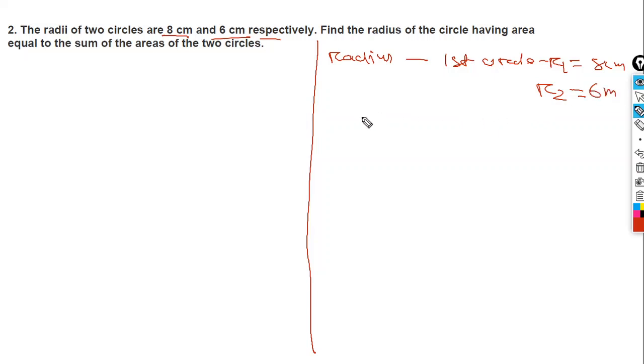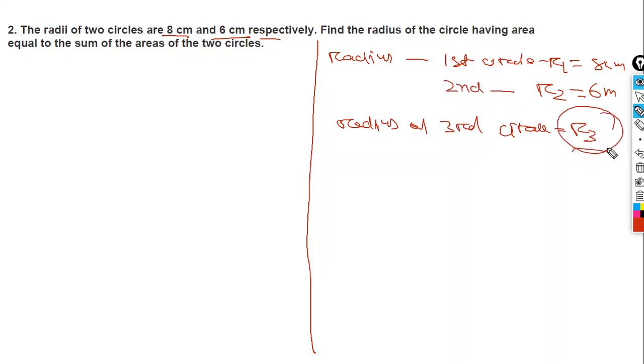Radius of the third circle, you can write radius of third circle equal to R3. Okay, we have to find this R3. Now what we have? We have area of this first circle, area of second circle. Sum of these two areas will be equal to area of the third circle. So let's find area.